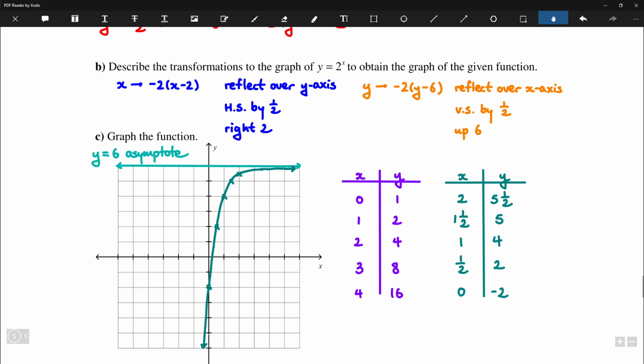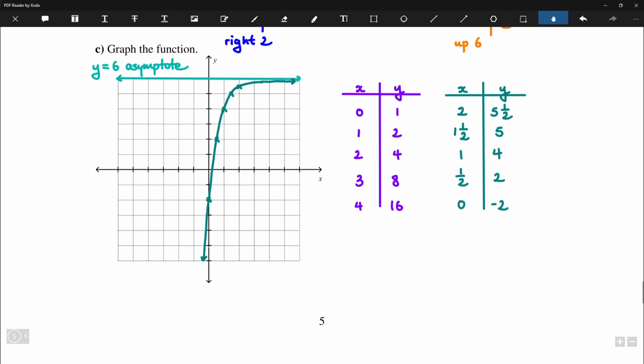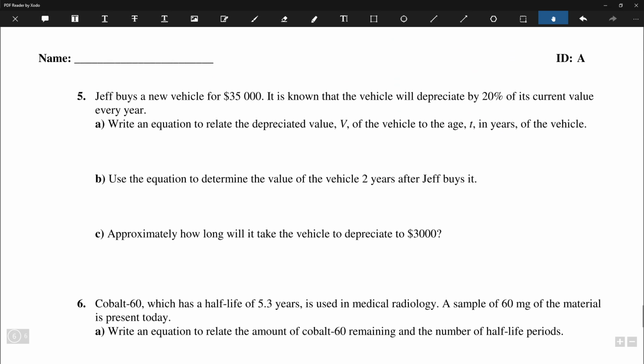So let's move on to problem number 5. Okay, so a vehicle was purchased for $35,000. It depreciates 20% every year.